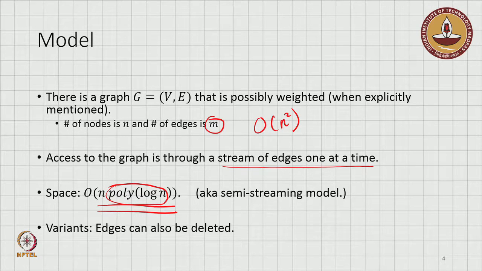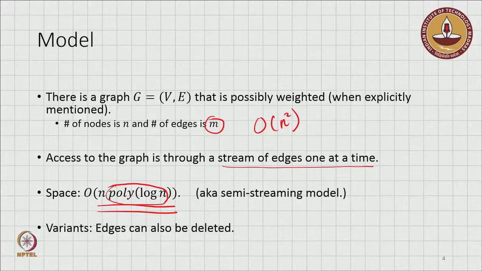If we were allowed a space of O(n^2), we could simply store all the edges as they go through, and then process all the edges in one shot. We would basically be able to store the entire graph. But that's not allowed. We're only allowed to store n times polylog n bits, which means that we have to be a little bit careful.